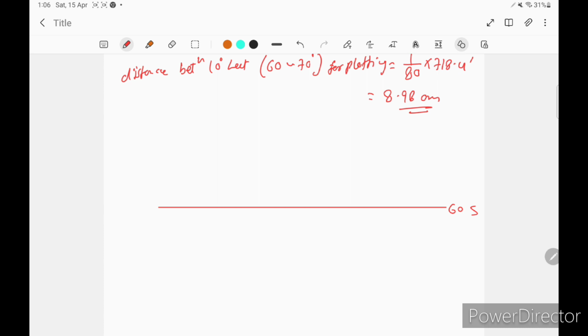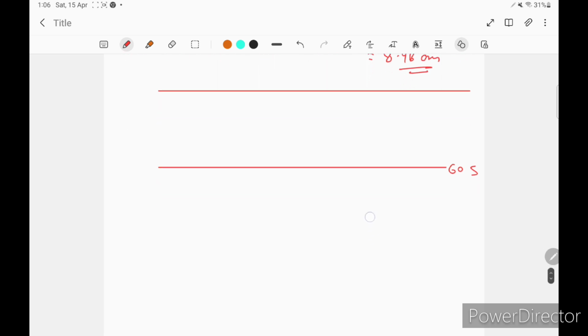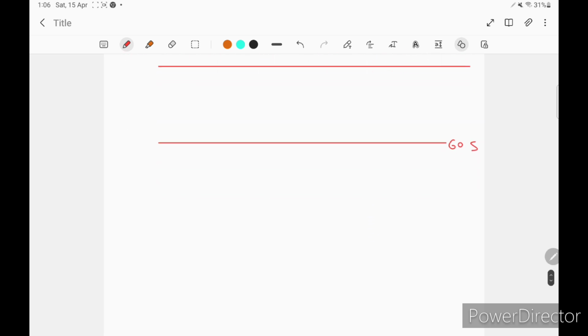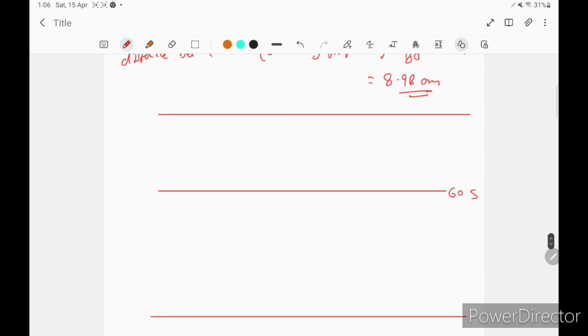Now the difference between 50 and 60 is 6.566, so we make one more line. The difference between 60 and 70 is 8.98, so it is a little bit bigger. And the difference between 10 degrees longitude for plotting is 7.5.